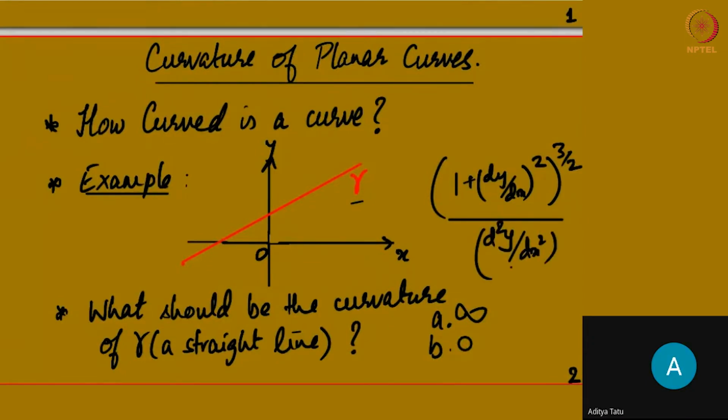Because d2y by dx2 is 0, you're saying it should be infinite. Right, Tirth? Yes sir, that's why I answered infinite.